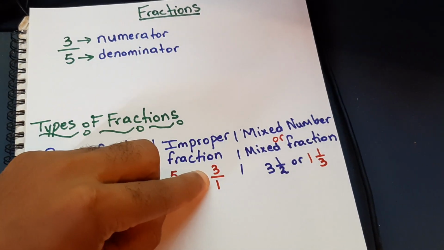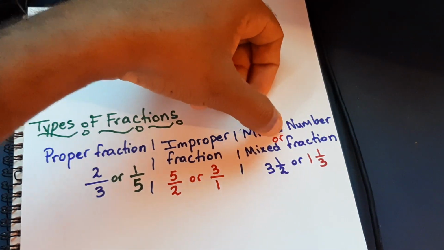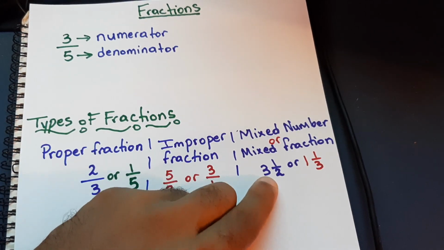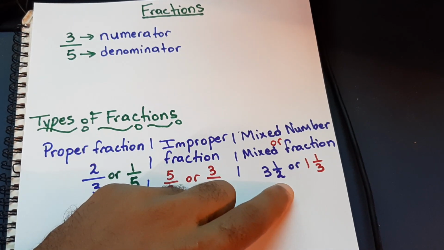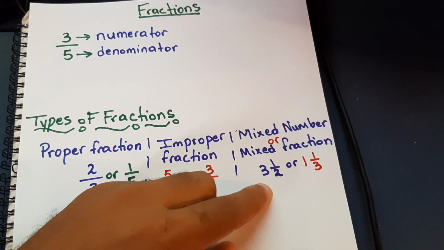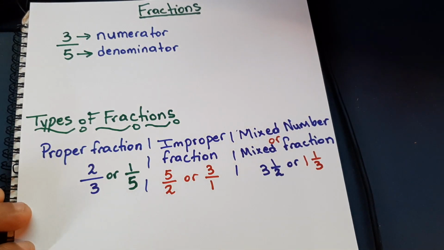So don't let this trick you. We also have mixed numbers or mixed fractions. With mixed numbers, we have a whole number and a fraction beside it. So this is 3.5 or 1 1/3. These are considered to be mixed numbers or mixed fractions.